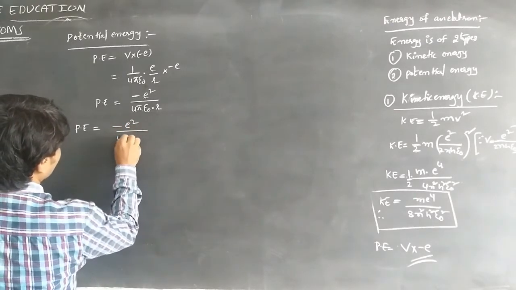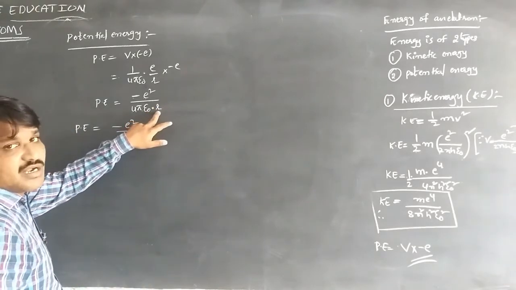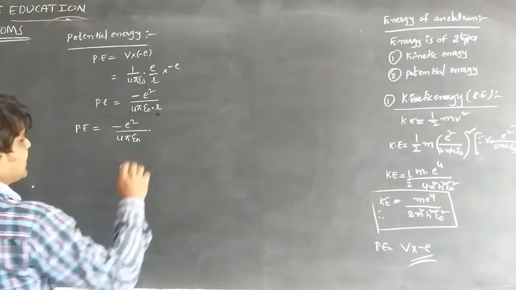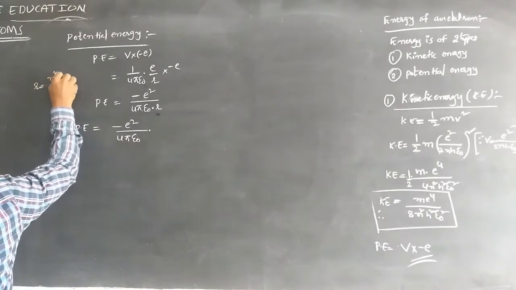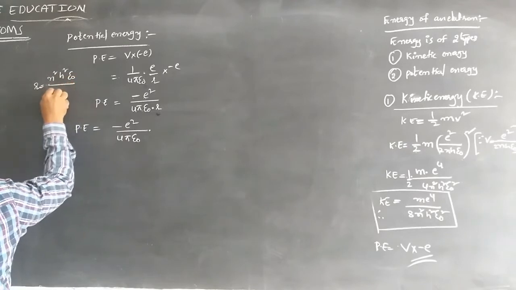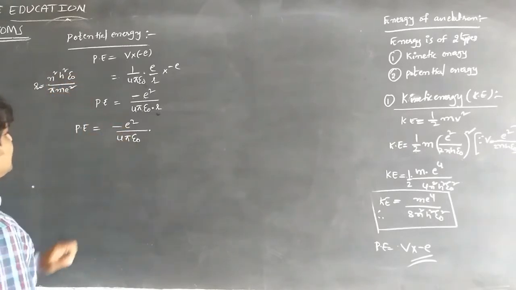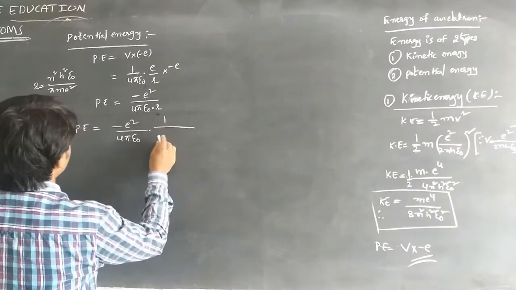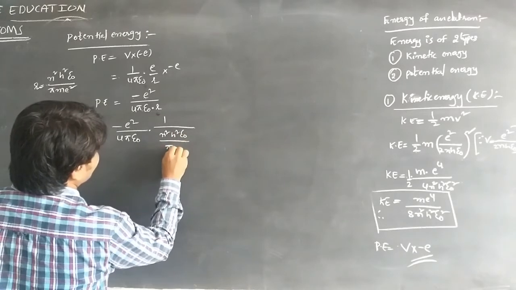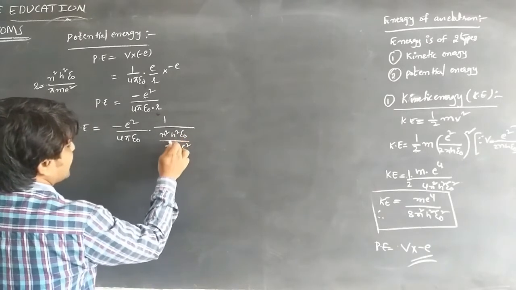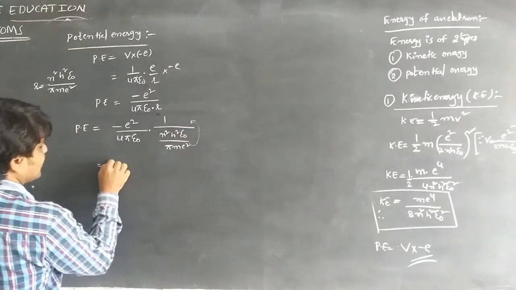Since radius r is in the denominator, we substitute it, so we write 1 by n square h square epsilon naught by pi m e square. The denominator becomes the numerator.